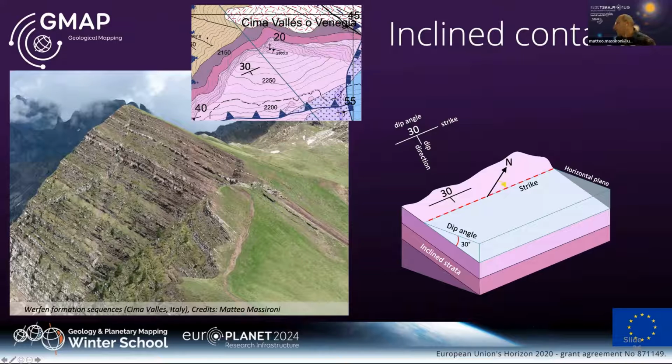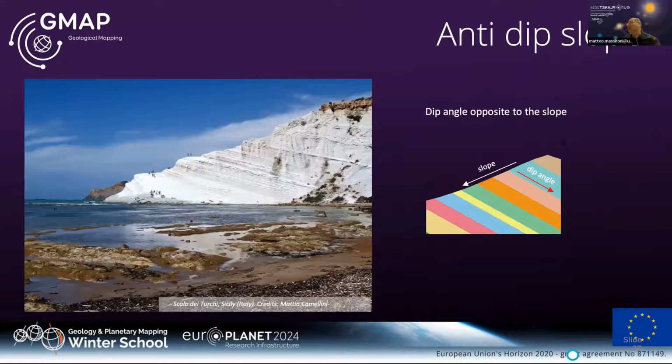So we have different kinds of relationship between topography and stratification. We have the case in which the strata are dipping, in a positive sense with respect to the slope.